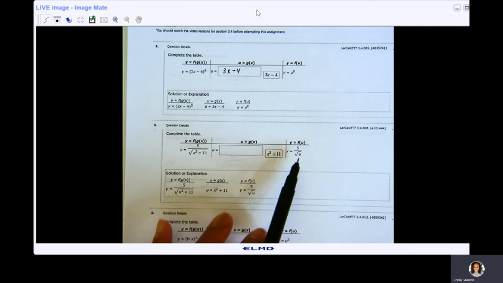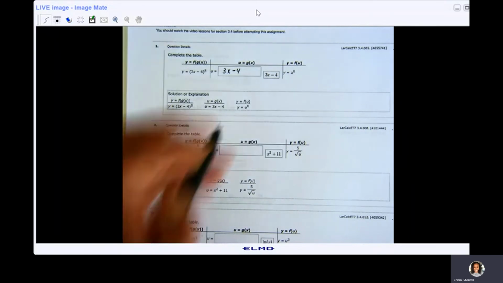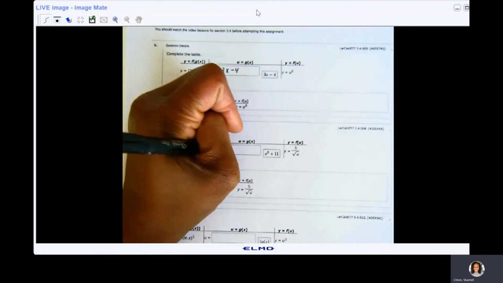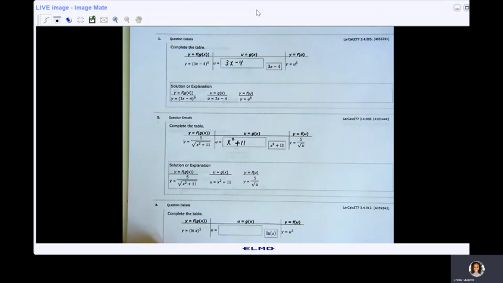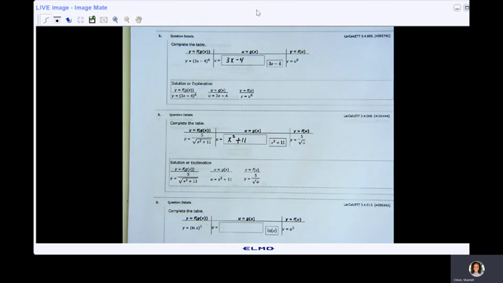And that's what we have here, 5 over the square root of u. So u, therefore, would be that inner function underneath the radical, which is x squared plus 11. So you're looking at the composite function, and you're trying to rewrite it as separate functions in terms of u, where u is g of x, which is a function of x.